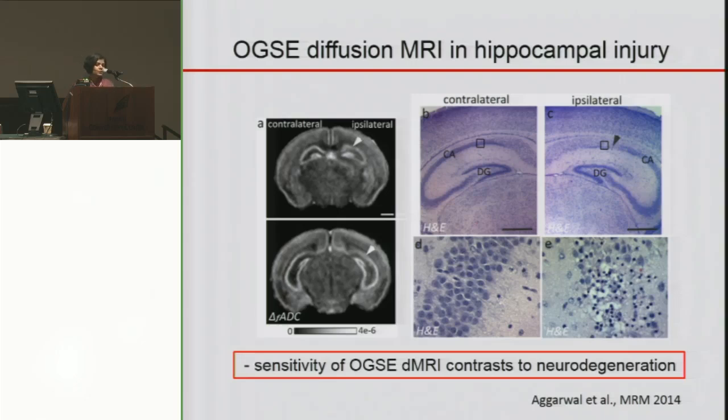Then if we do histology of these same mice and compare with H&E staining, we can see that this corresponds very well to localized regions that show cell loss after hypoxia ischemia. So this is an example to show how we can use diffusion to look at neurodegeneration in mouse models.